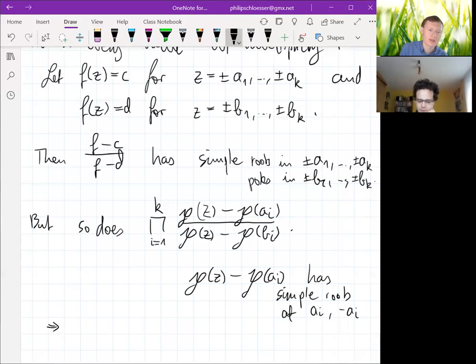So that means that their quotient has no roots and no poles, so it is a constant.